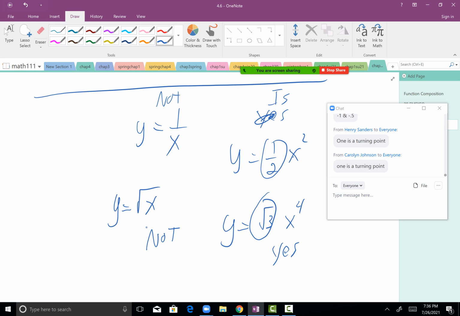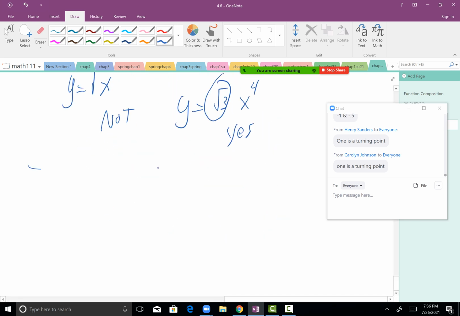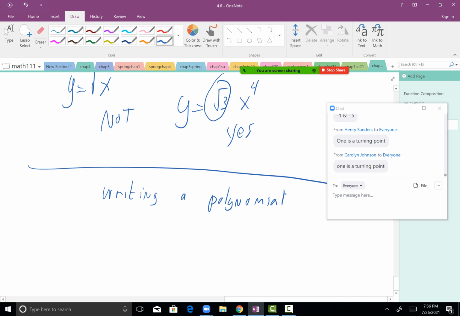The other thing it's going to have you do, and I bet you can do this, is writing polynomials given x-intercepts.